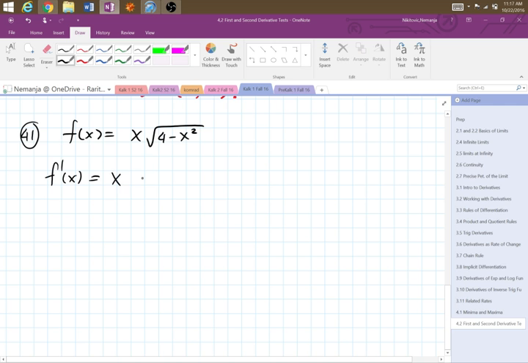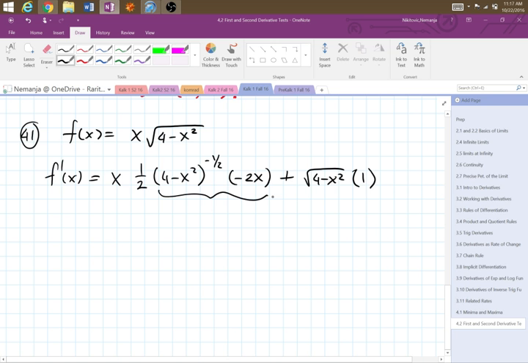Copy the first, so the derivative of the second, plus copy the second times derivative of the first. So we are experiencing a product rule, and then we also have the chain rule because that square root is not a basic square root of x.